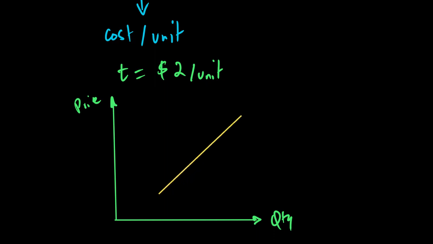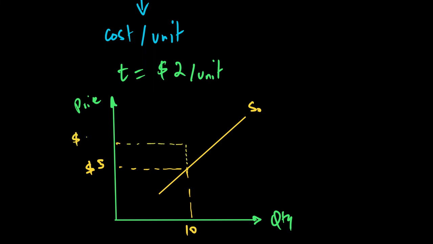If my supply curve is, for example, S naught, and currently, let's say, for 10 units the firm is charging $5, when we put a tax of $2 per unit, the cost per unit will go up by $2. So something which was made for $5 per unit will now be made for $7, which means the supply curve will shift to the left by $2.